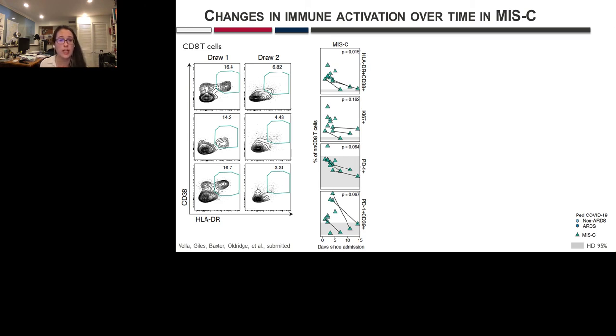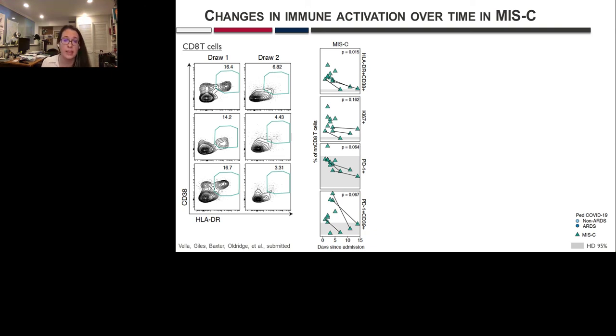And that's enumerated here on the top plot. And then we looked at several other T cell activation markers, including Ki67, which denotes these proliferating cells. We looked at PD-1 and also looked at the change in these PD-1, CD39 double positive cells. And basically all of these various measures of T cell activation decreased between those 2 blood time points.